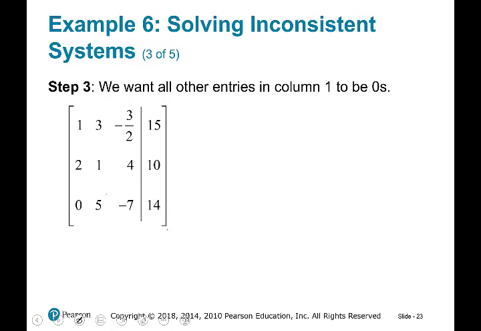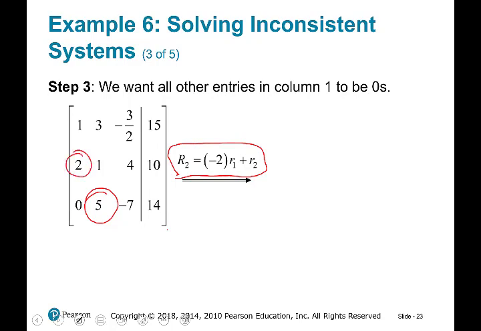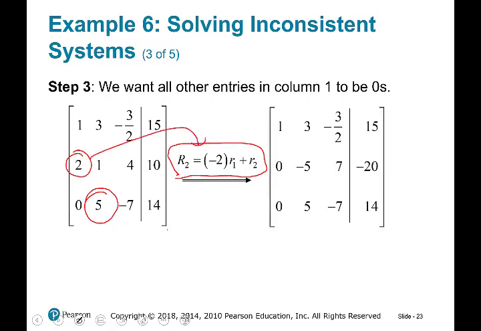So the other thing that I need to do is to try to get a 0 here. Performing the operation 2 times row 1 plus row 2, trying to get 0 here. This will do that.